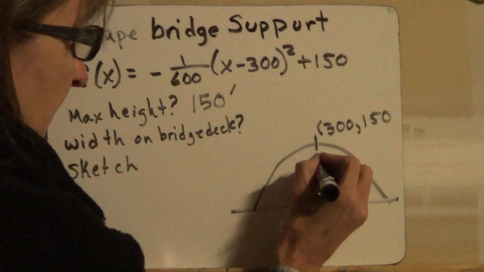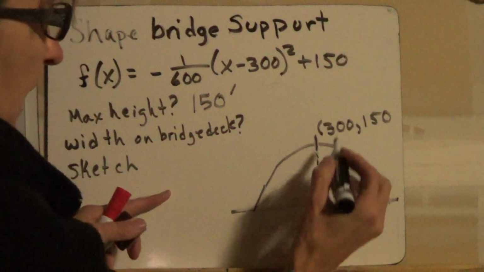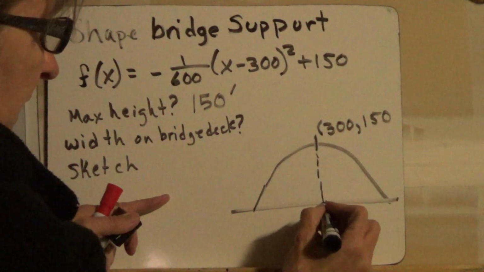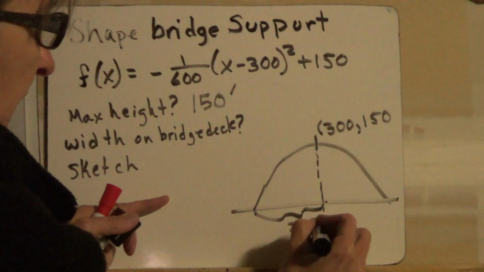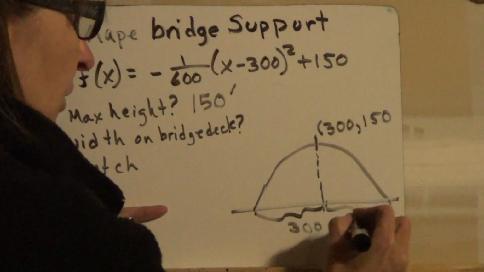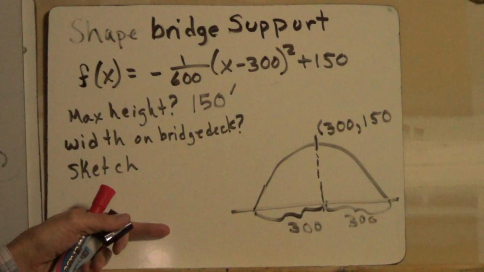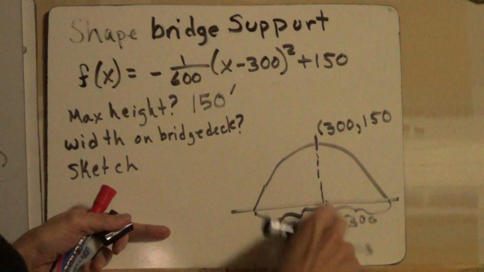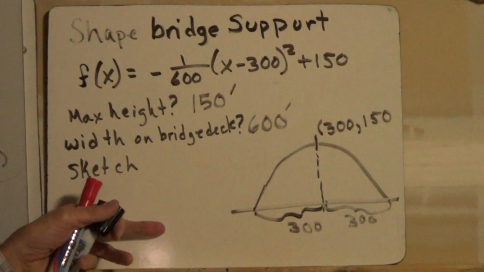Well, if we come down here, we know that this is at 300. So we can assume that that's 300 there. We know parabolas are symmetrical. So that would be 300 there. So our maximum width on the bridge deck of this support is 600 feet. And you're basically done with the problem.